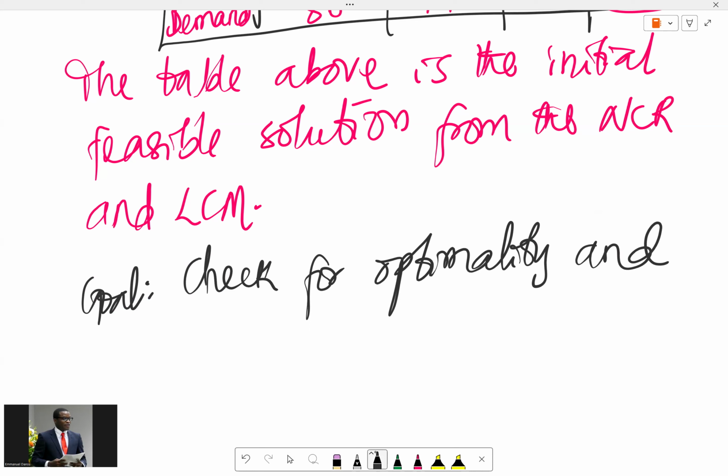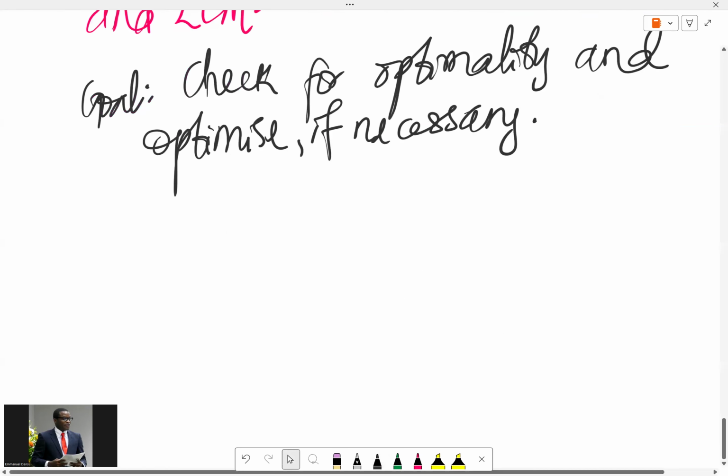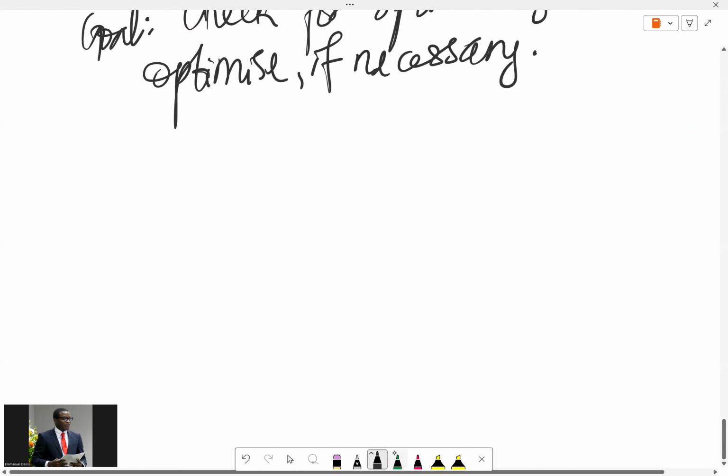And optimize if necessary. So that's our goal here. So since we are using the stepping stone method, right? What we now have to do, I'll just go ahead and do the solution.